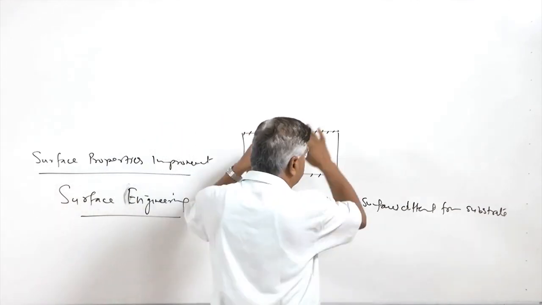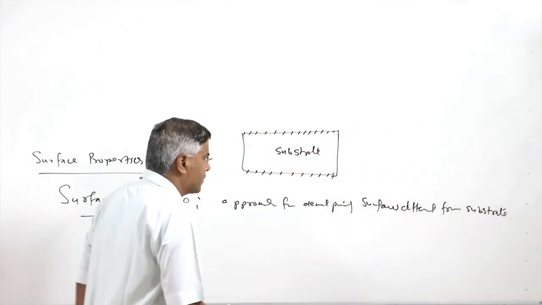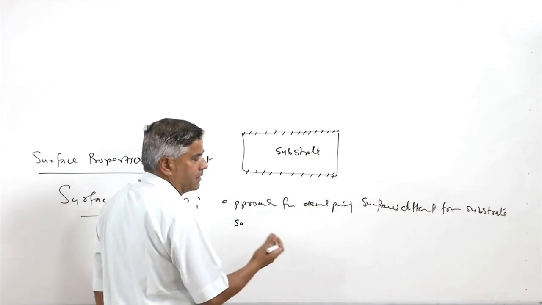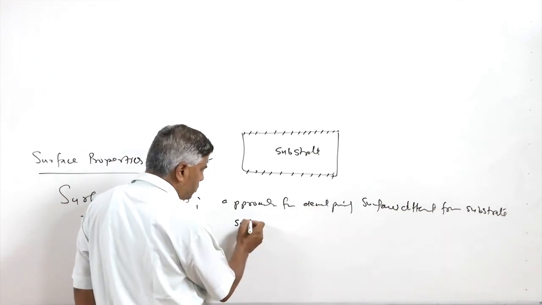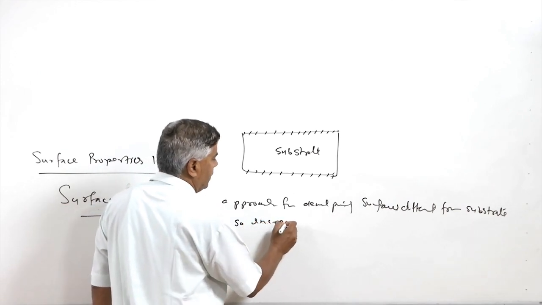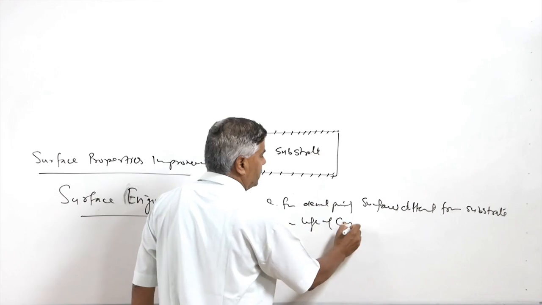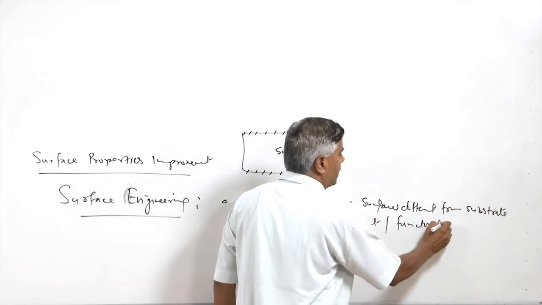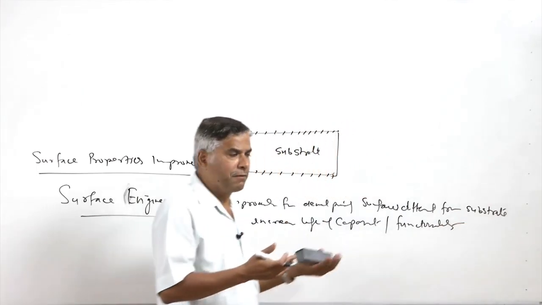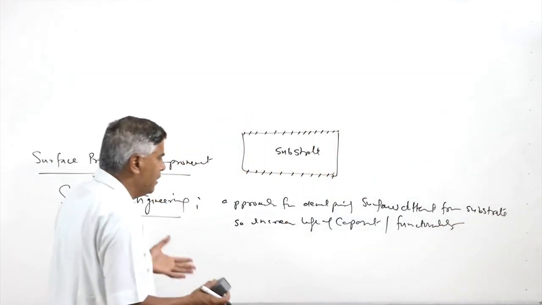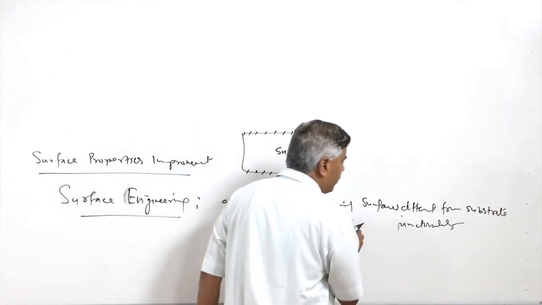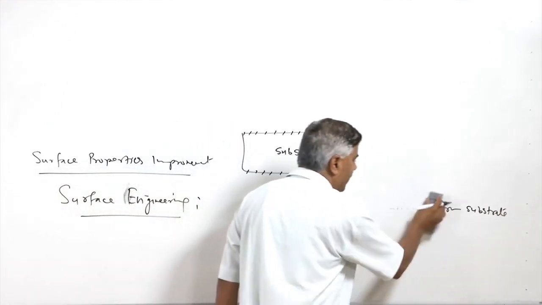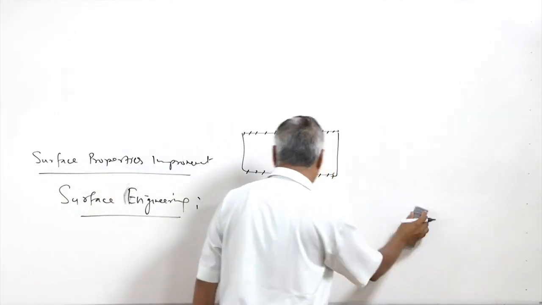The purpose of developing such surface characteristics on the substrate is to increase the life of the component, and also increase its functionality, meaning that even under more severe conditions it can sustain them more effectively and work for a longer period without failure. This in turn improves the reliability and availability of the component.